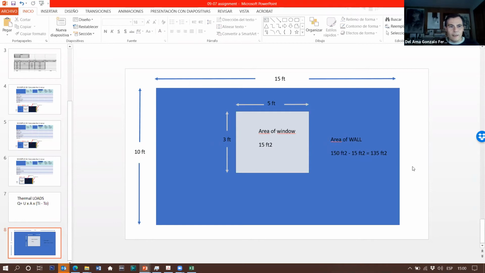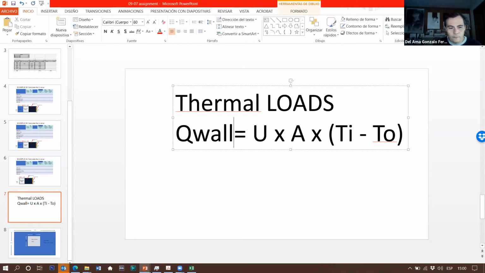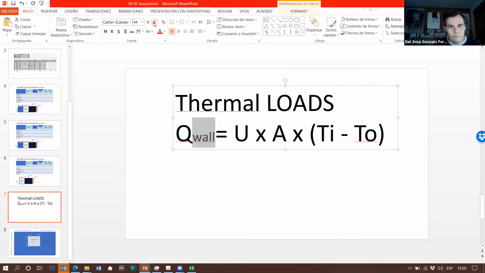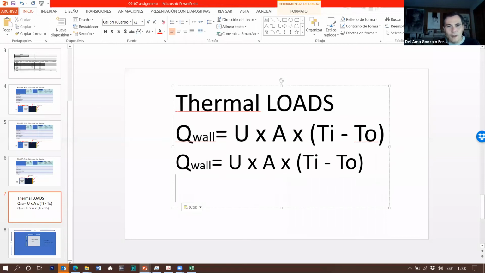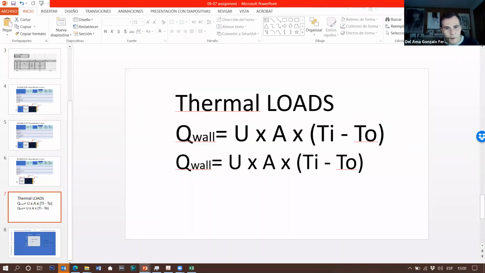Okay. So now what is the thermal load? The thermal load through the wall equals thermal transmittance. We have calculated thermal transmittance. It's 0.03.